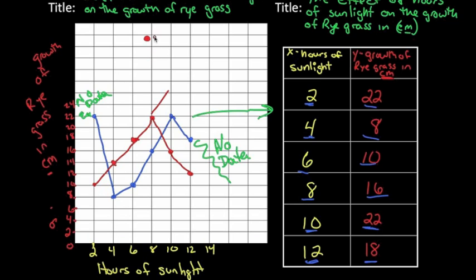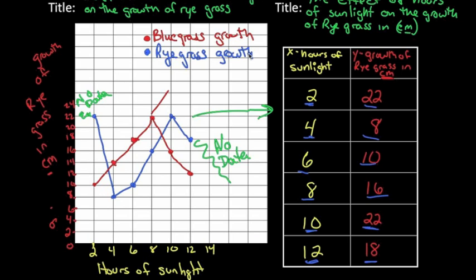So you might do something like this is bluegrass growth, and then the blue would be the ryegrass growth. I should have done it opposite, right? But you should get the point by now. You plot only the data you have, and if you have a double line graph, you might have to make a key.